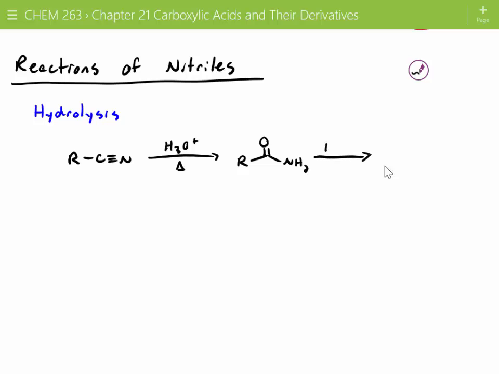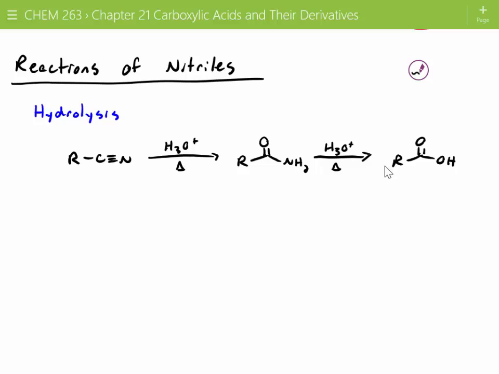And if we add more acid and heat, you can take this all the way to your carboxylic acid. Typically, if you wanted to stop at the amide, you'd choose a different synthetic route. You typically see hydrolysis where it goes straight to the carboxylic acid.